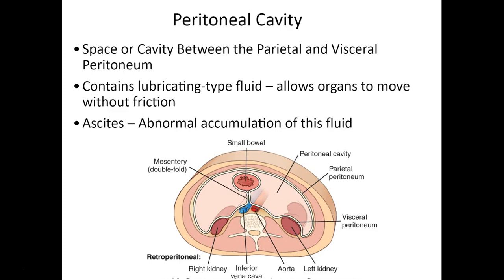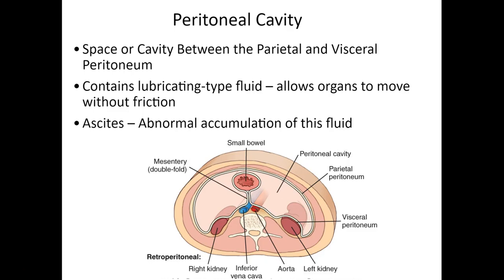And again, in reality, no space exists, as the cavity is actually filled with organs and a serous, lubricating type fluid, which allows organs to move against each other without friction. And when I say serous, that refers to a pale yellow or transparent fluid found within our body cavities.